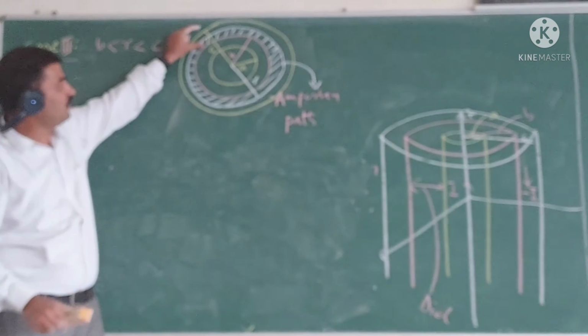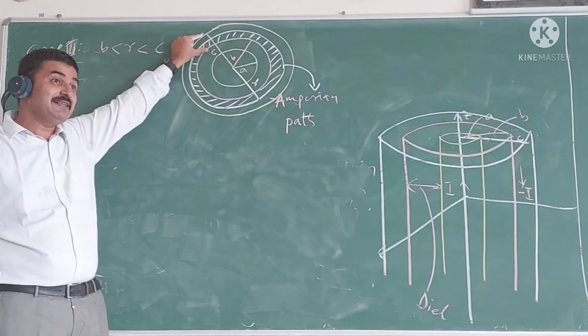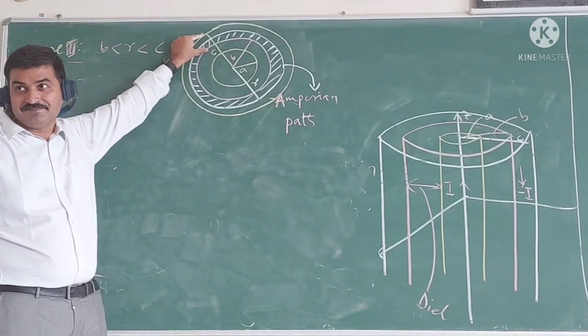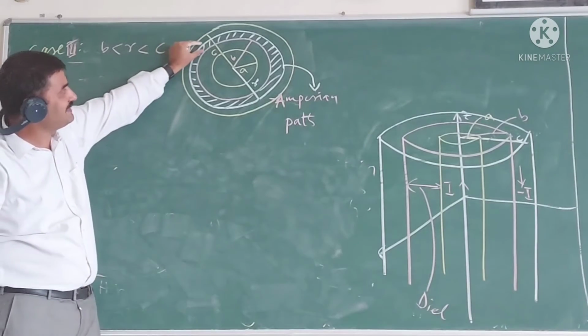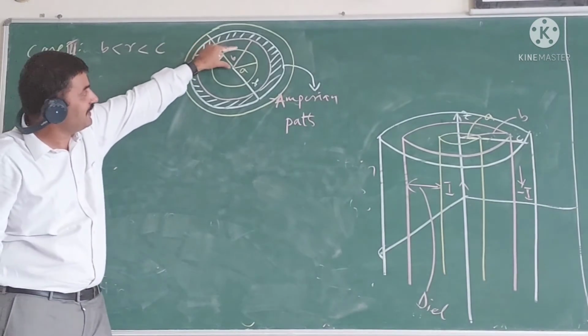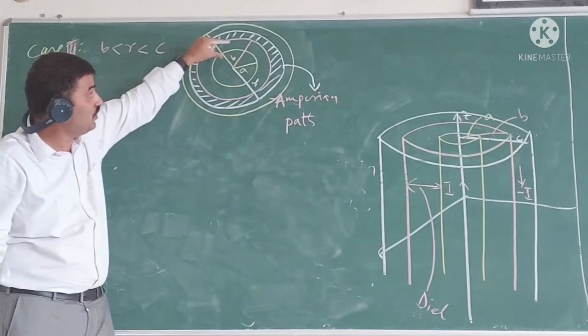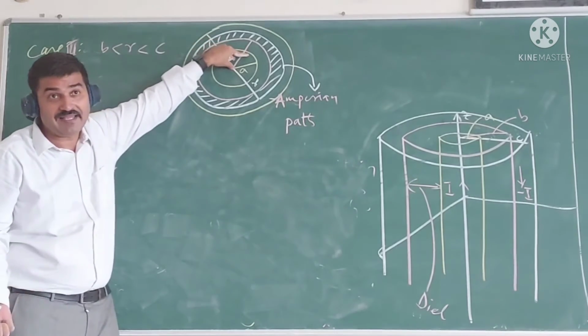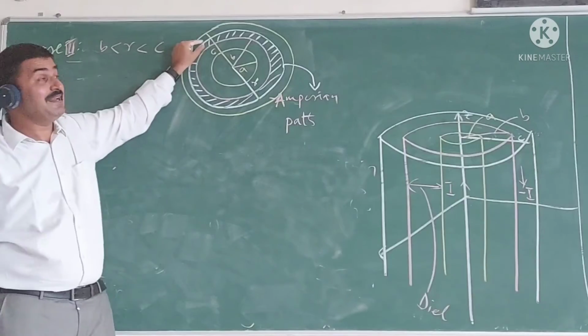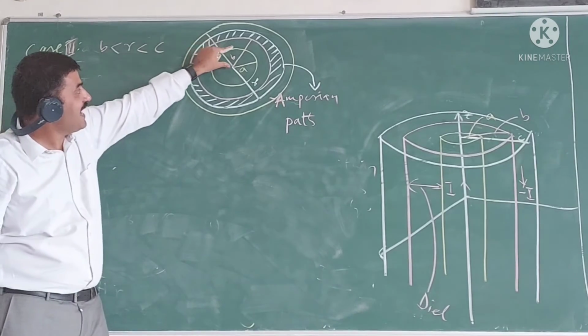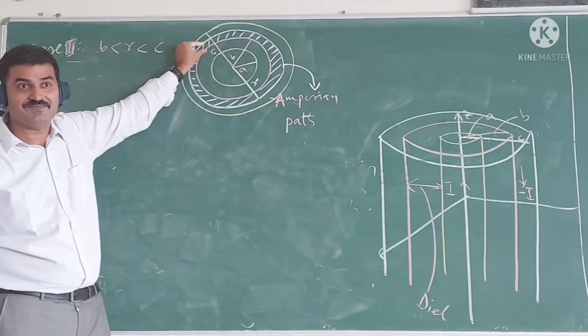If I take the complete outer conductor, the current enclosed is minus I. But I only want to know the current enclosed in this portion. Current in this is I. What is the current in this? Then the current enclosed by the Amperian path is I plus this current.